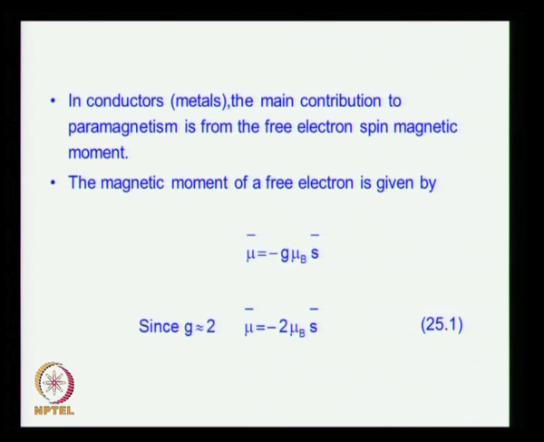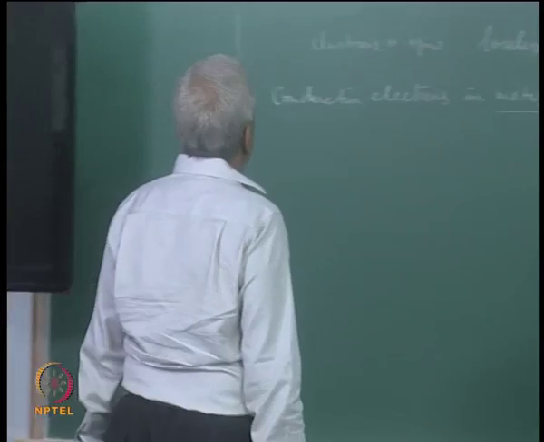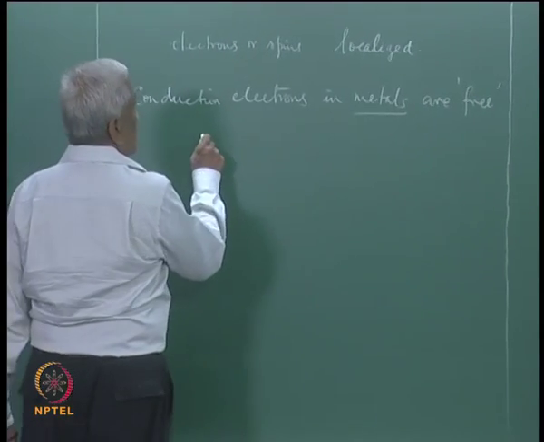So, the main contribution to paramagnetism, let us discuss paramagnetism first, is from the free electron spin magnetic moment.